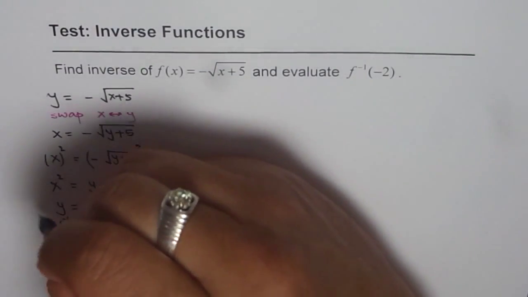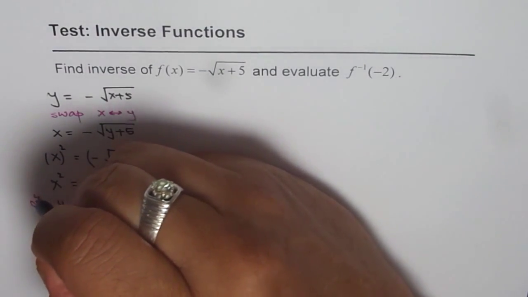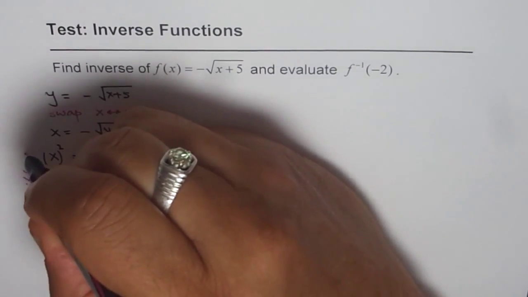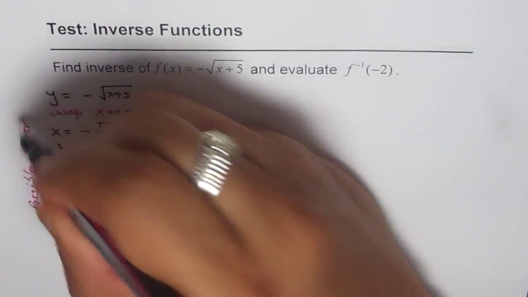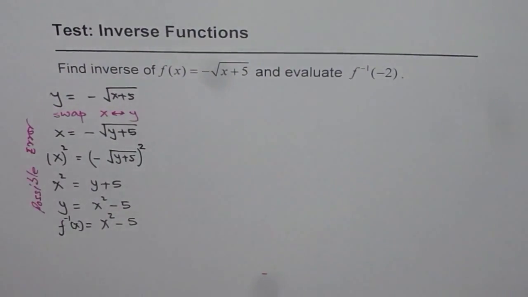So let me write here: possible error. Now we'll see how to figure out that error in different ways so that you understand it and don't get it wrong when you do it in your test paper.